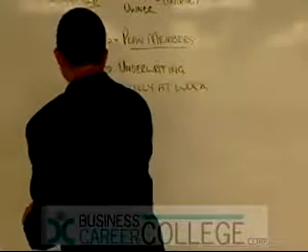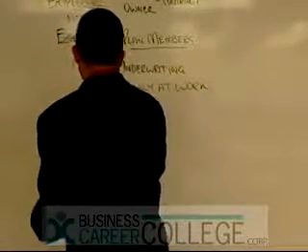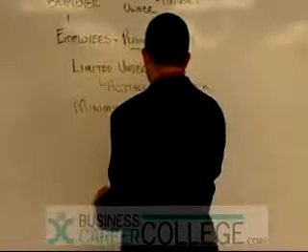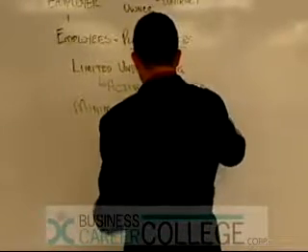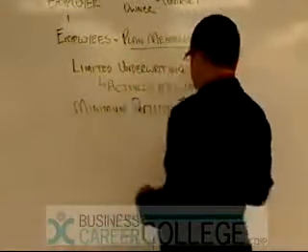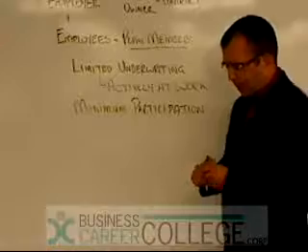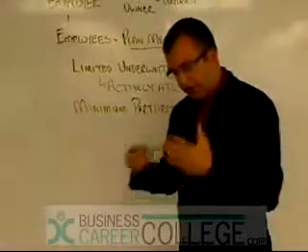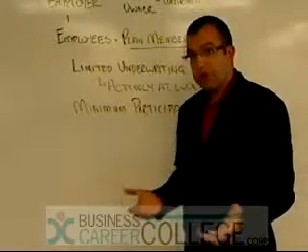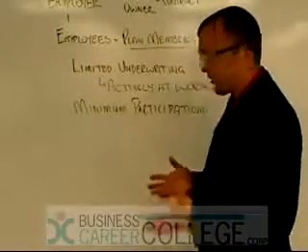We're also going to have a minimum level of participation. Now, going back to this idea that the insurer is in this business to make money, here's what has to happen.